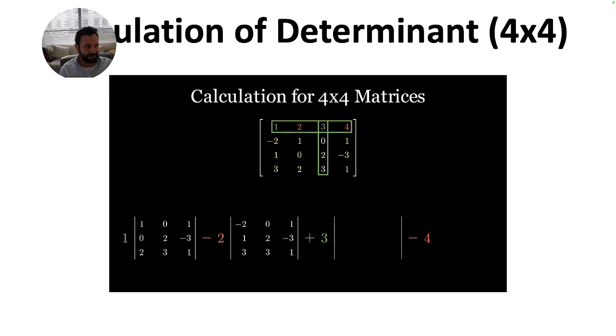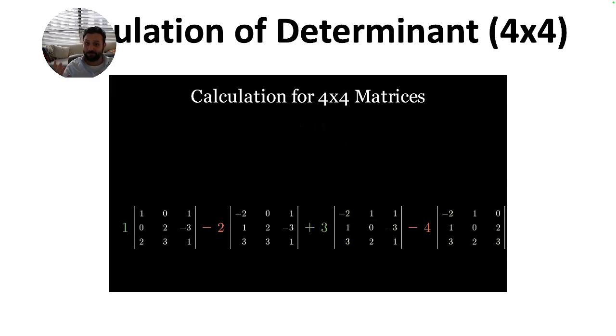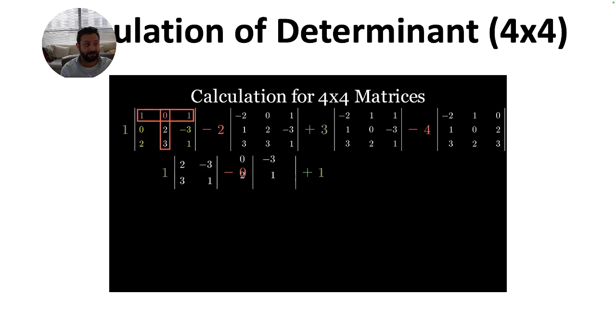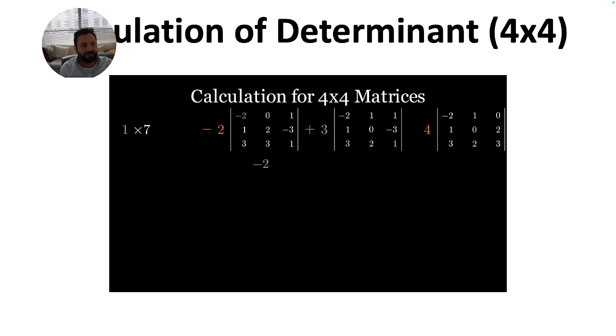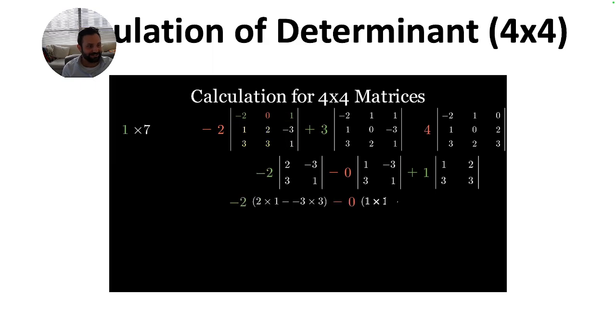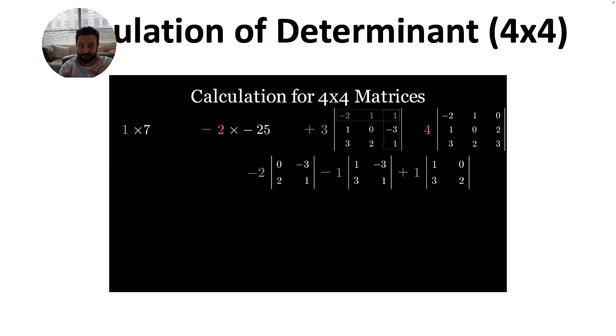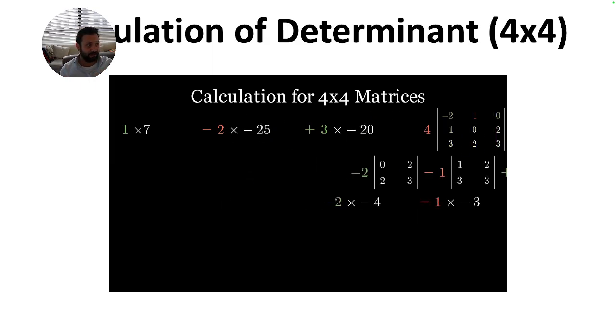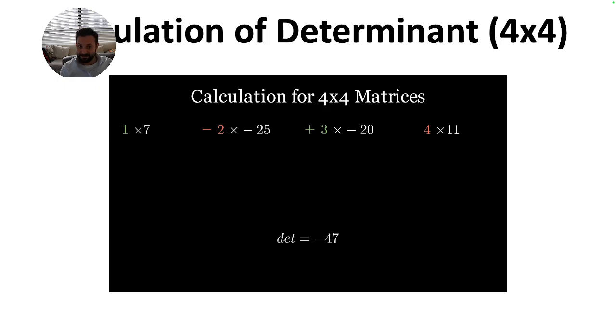Same thing for the second one, the third one, the fourth one. So now we have four 3 by 3 determinant calculations multiplied with these numbers, and now the simulation gets even faster because we have already covered the process that was required.